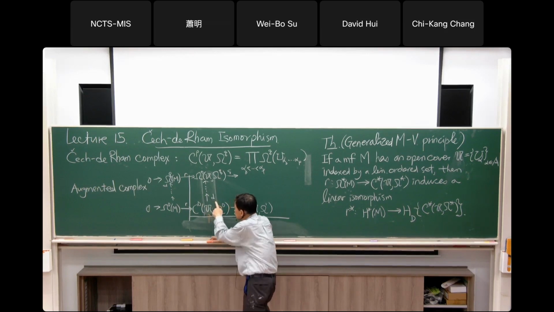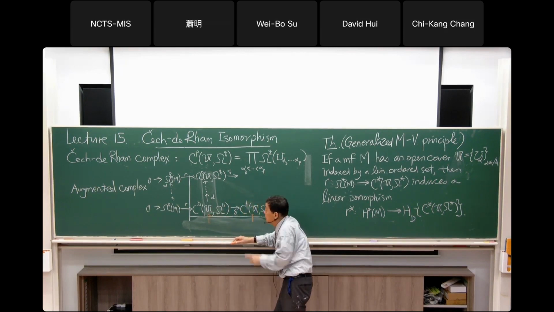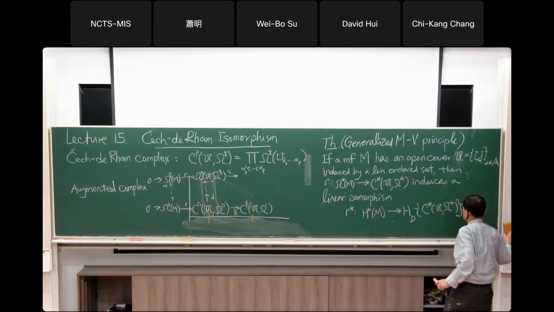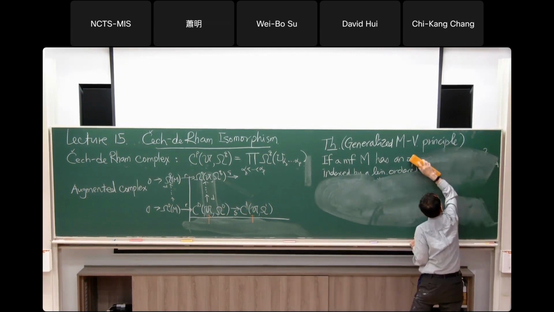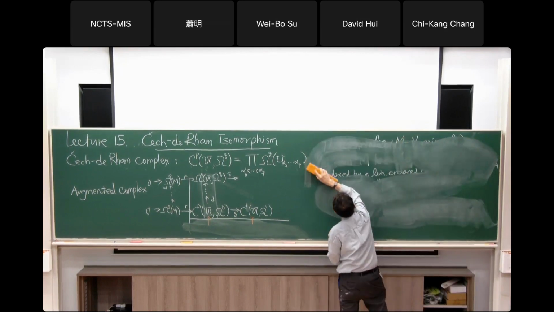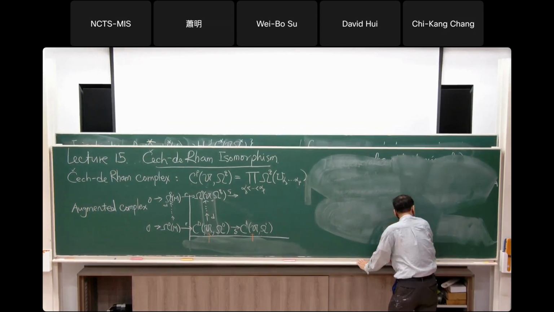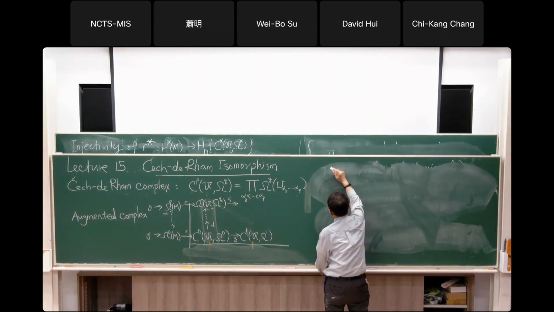So this D is D on functions on open sets, right? What is the kernel of D? If I have an open set U, I want to know what this kernel is.